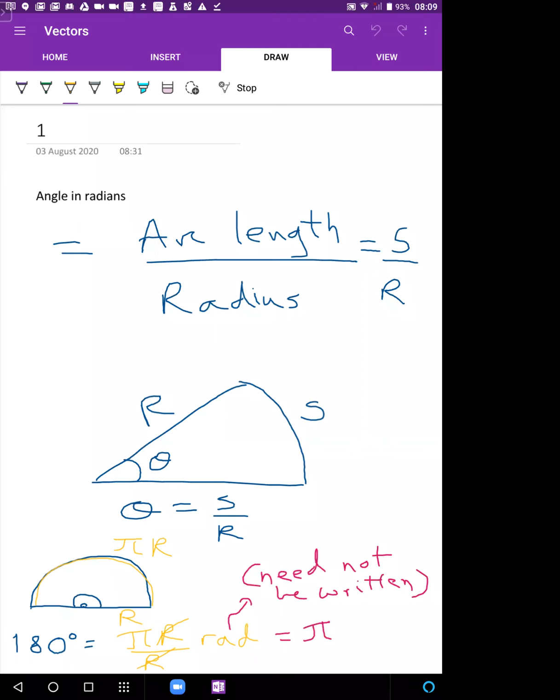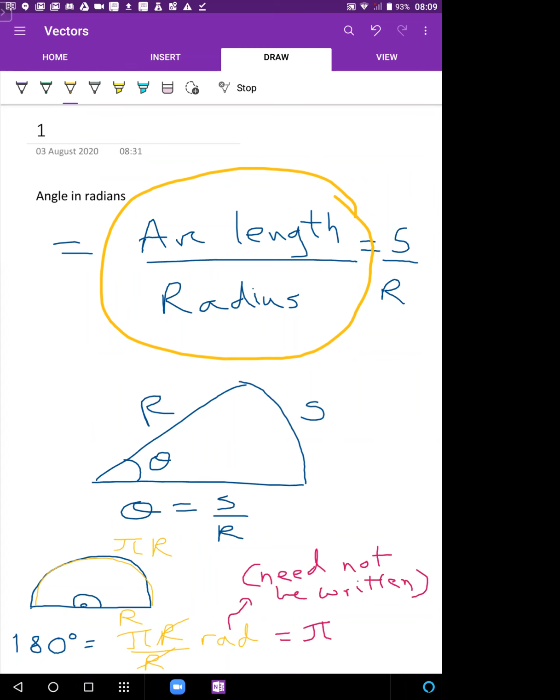You know what 90 degrees looks like, you know what 360 degrees, 180 degrees looks like. Okay, this is another unit for angle, and this is defined by this formula. So it's defined as arc length by radius.